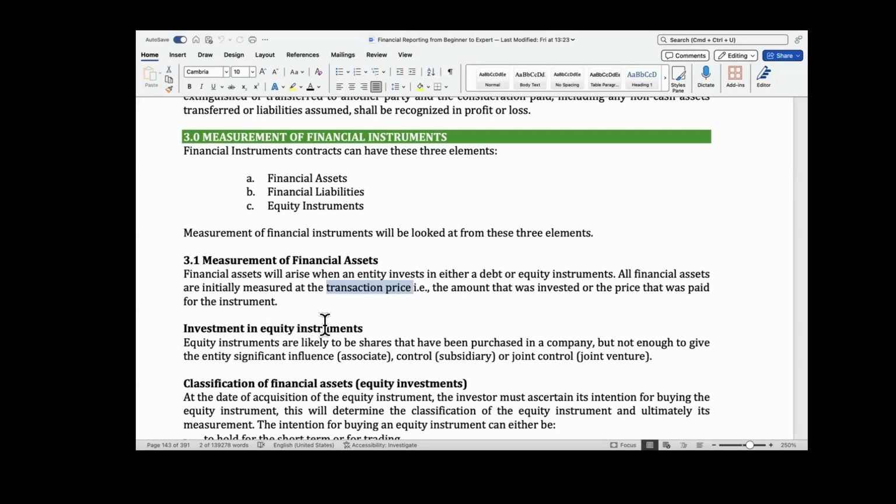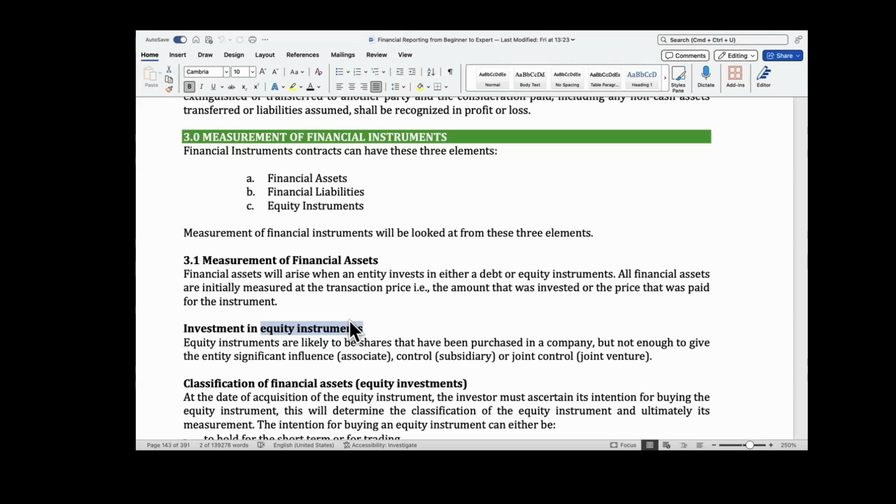Now, let's narrow it down. Investment in equity. You bought shares, you're an investor. You have a financial asset. So how do you then go on from there? I've said that when you invest in any financial asset, the amount you put in your books is the transaction price.